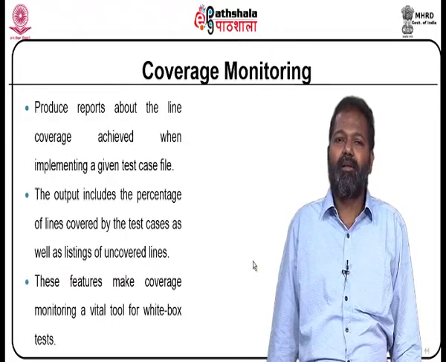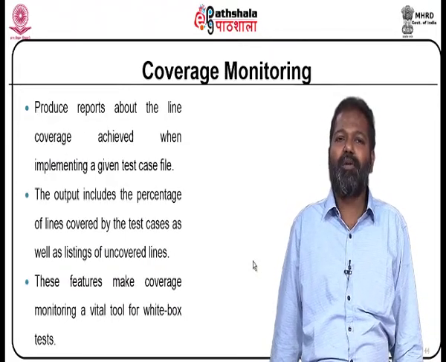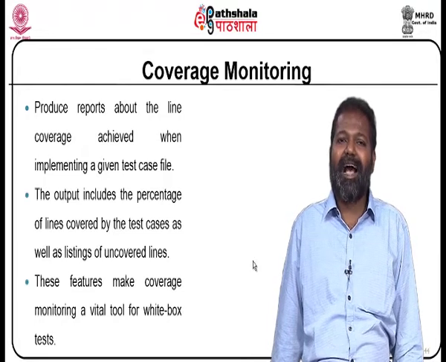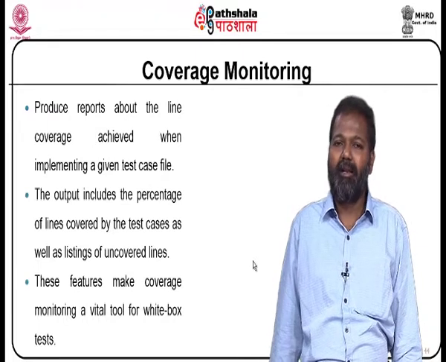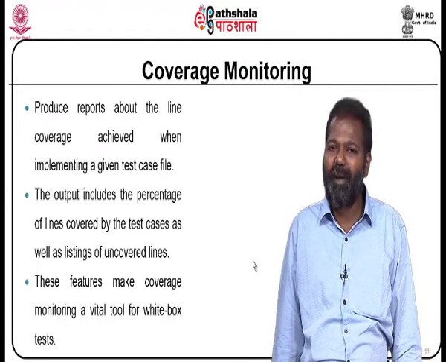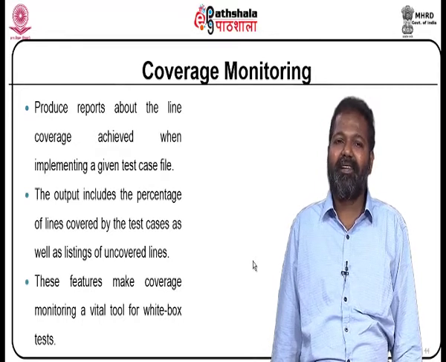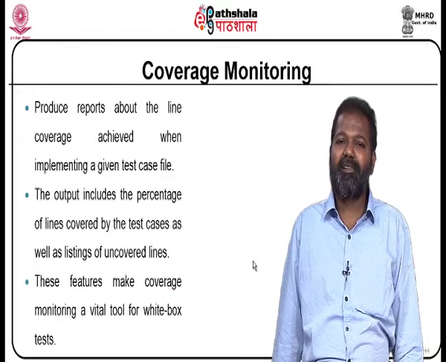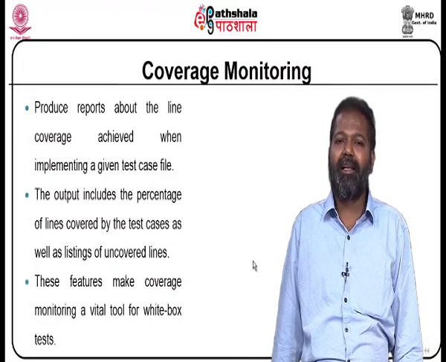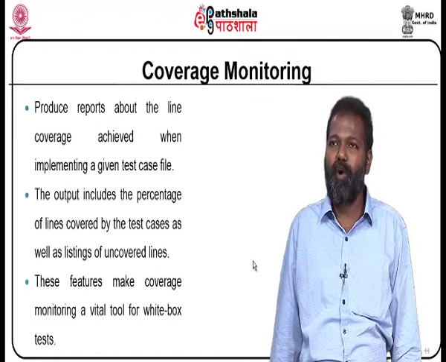Coverage monitoring. Produce reports about the line coverage achieved when implementing a given test case file. The output includes the percentage of lines covered by the test cases as well as listings of uncovered lines. These features make coverage monitoring a vital tool for white box tests.